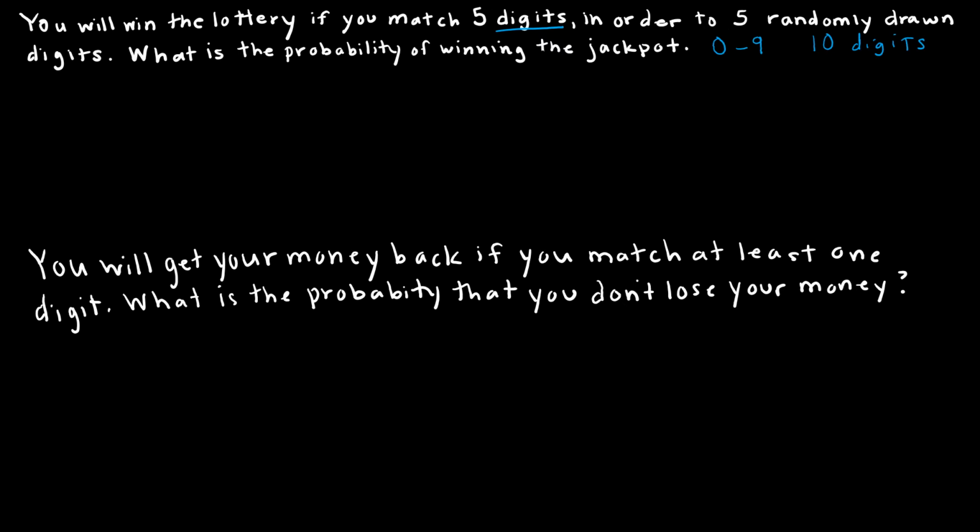So if I'm looking for the probability of winning the jackpot, there's only one winning combination, just one. And so my probability of winning is 1 out of, and then my question is, how many different ways can this happen? Well, I have 10 digits 5 times.